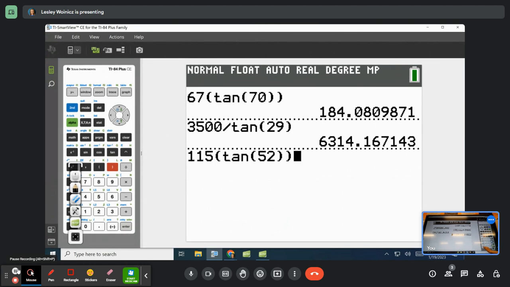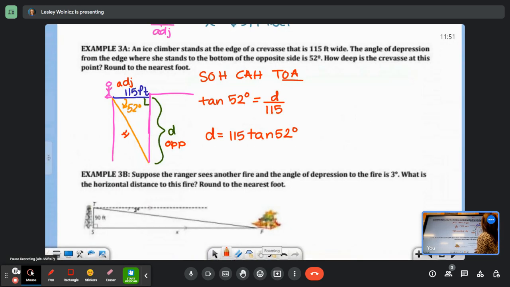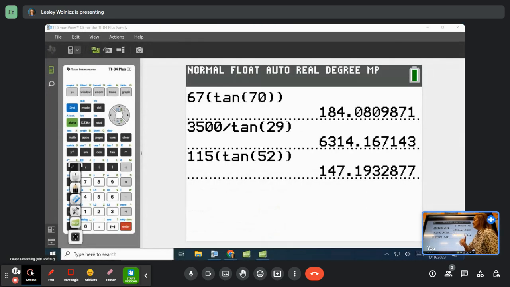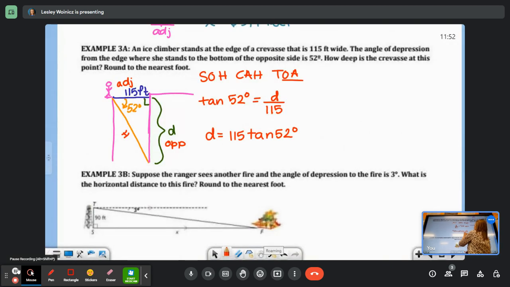It's 147. Okay, what does it say to round to? Nearest foot. Nearest foot, yes. Okay, 147 feet. Looks good. Okay, so depth is 147 feet. Okay, now we have to write a sentence.